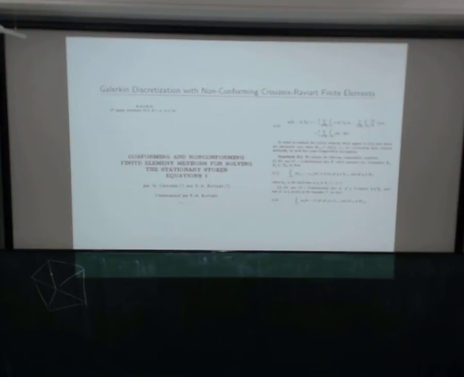The second Strang lemma for the error analysis of non-conforming finite elements is due to Berger, Scott, and Strang, and was written in 1972. So 1 year before this analysis came out, and it's due to these three authors. Okay, but Ciarlet called it second Strang lemma.